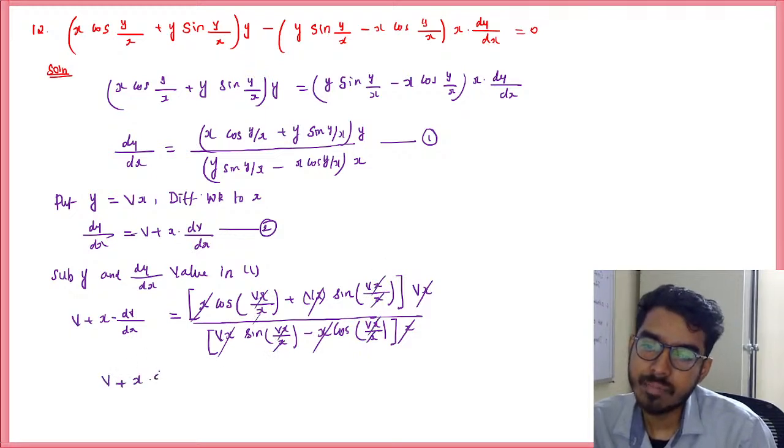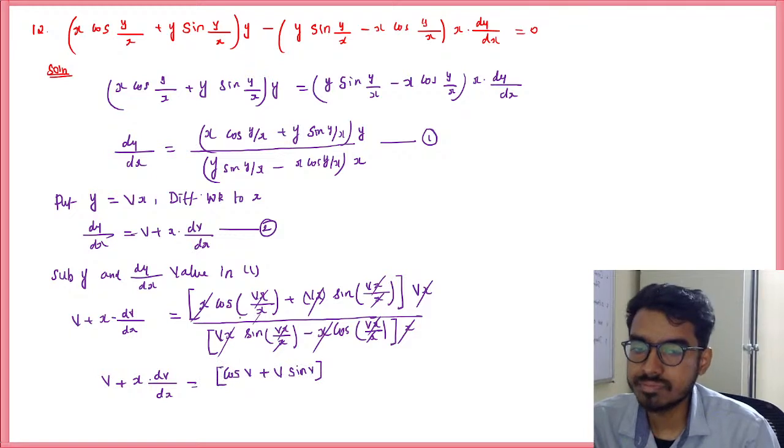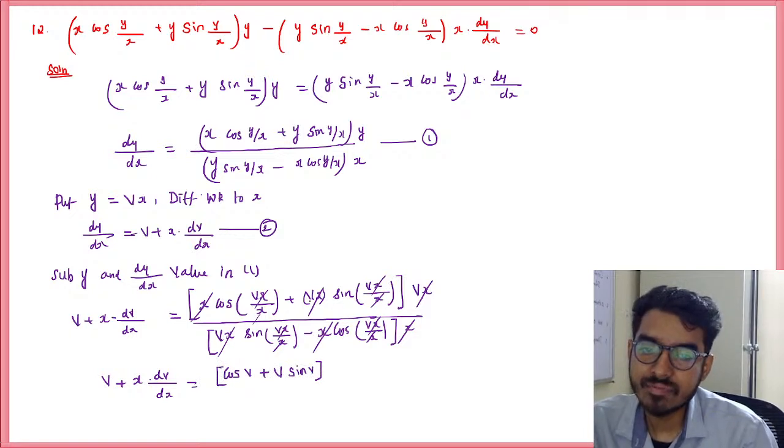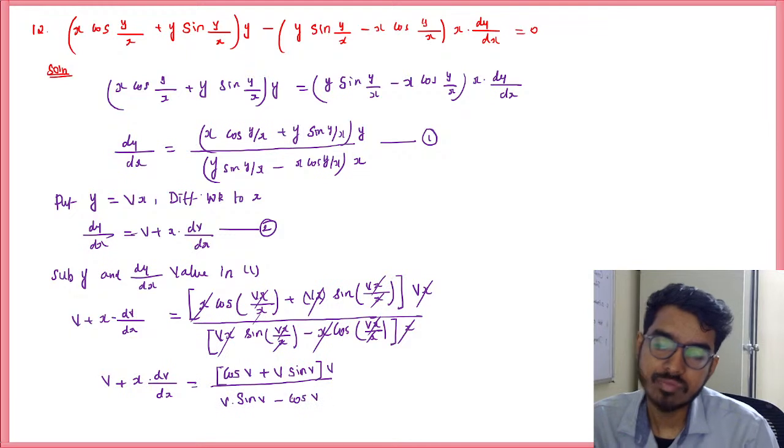So we will have v plus x into dv by dx is equal to, here we will have cos v, and here we will have v sin v, cos v plus v into sin v into v, divided by, here we will have v into sin v minus cos v, right?